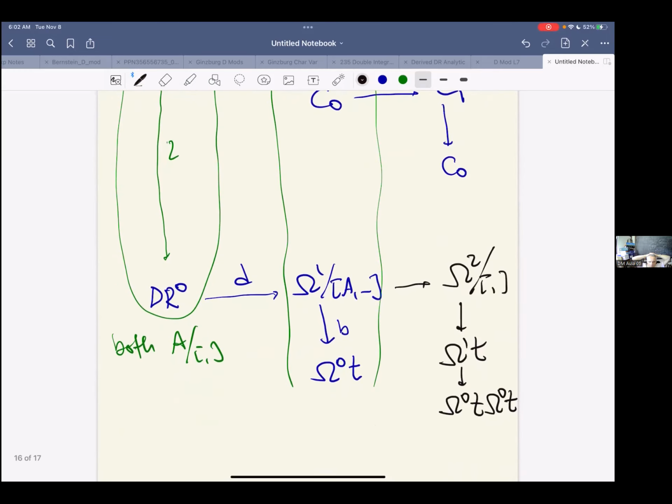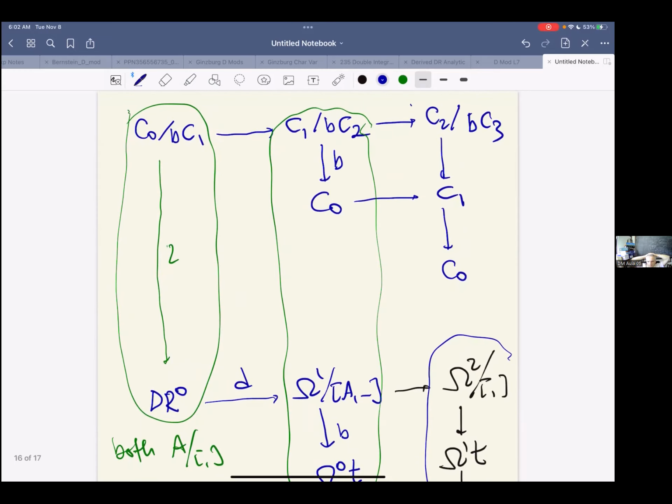So it's omega 2 mod commutators, by the cyclic group Z2. But again, even here, I think you need some proof. They are the same format.